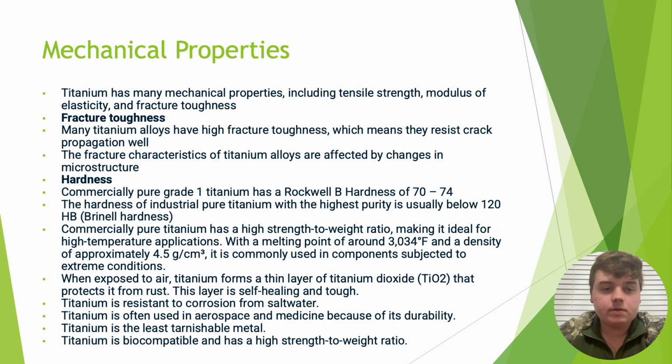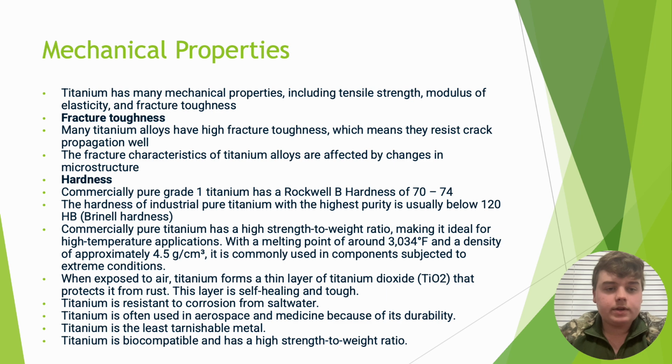Many titanium alloys have a high fracture toughness, which means that they resist crack propagation very well. The fracture characteristics of titanium alloys are affected by changes in the microstructure. Hardness. Commercially pure grade 1 titanium has a Rockwell B hardness of 70 to 74.